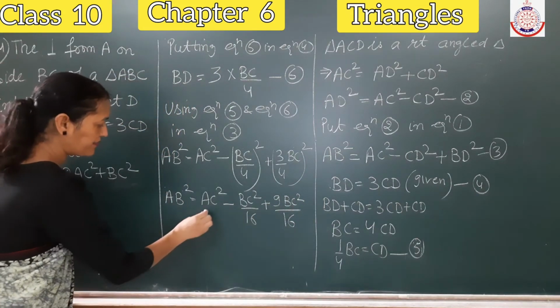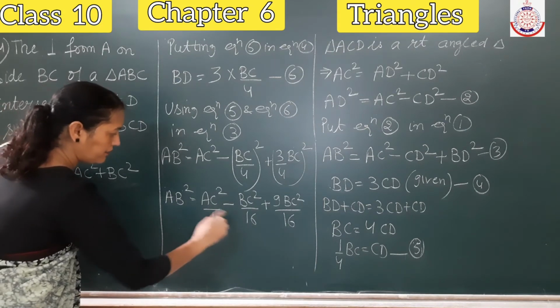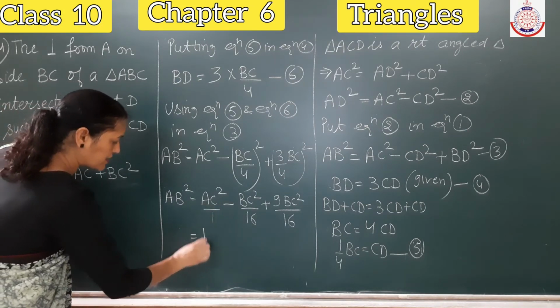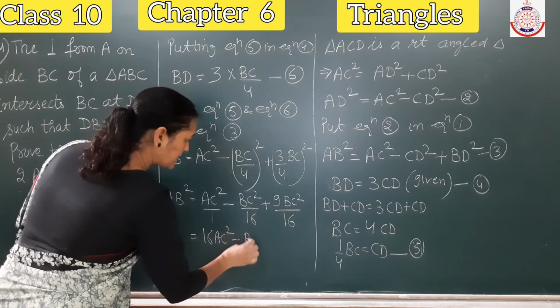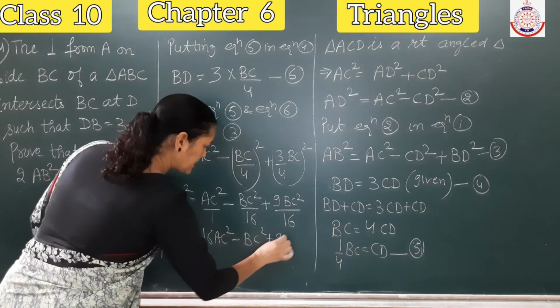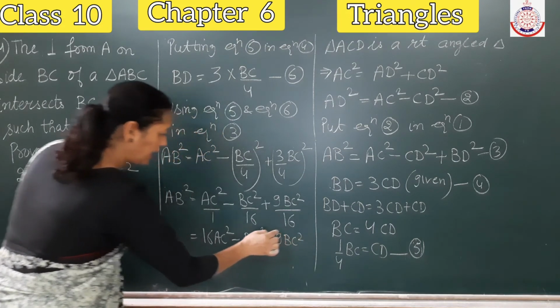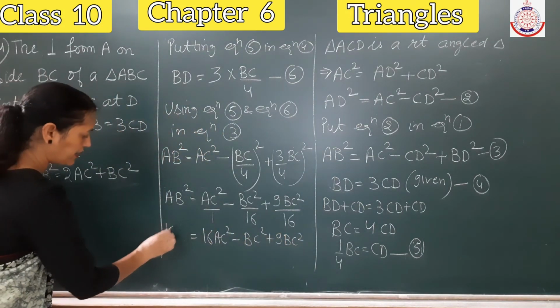If we take LCM everywhere, we will be getting 16 AC square minus BC square plus 9 BC square, and afterwards this 16 will come here also.